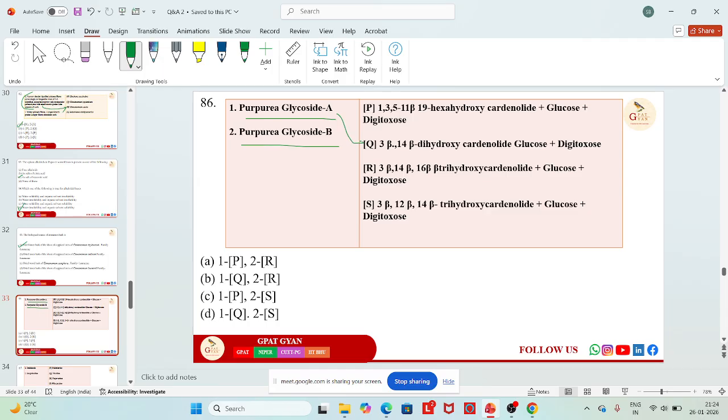So one is for Q and two is for R. So Q and R, B option is correct.